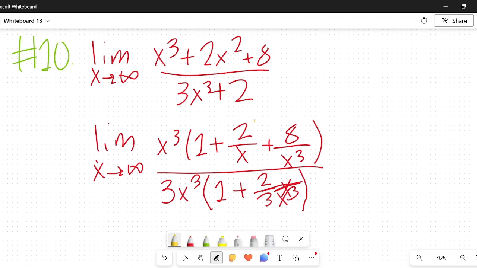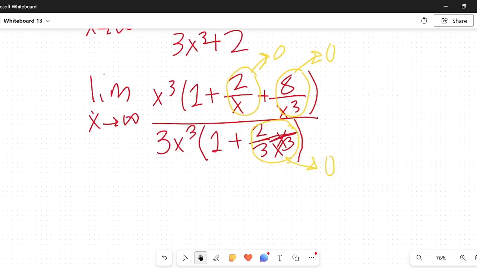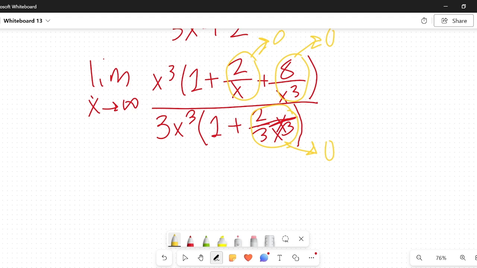If we have that in the denominator, it is always going to approach 0. So all of these terms with x's in the bottom are going to turn into 0, right? And also these x cubes will cancel out because we've taken them out.